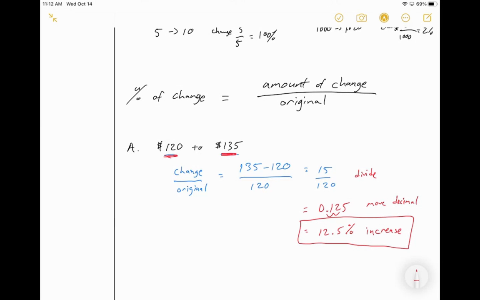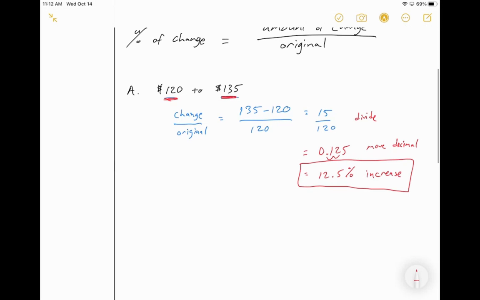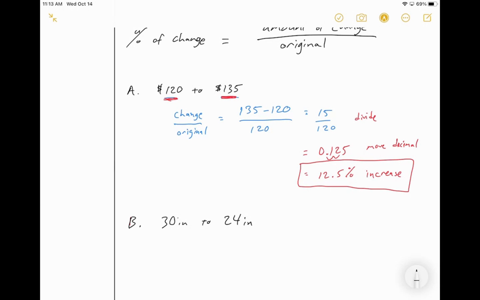Okay, let's try another one. Let's say something was originally 30 inches, but now it's only 24 inches. Can you find the percent of change?